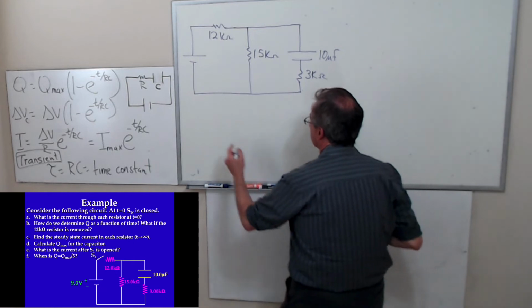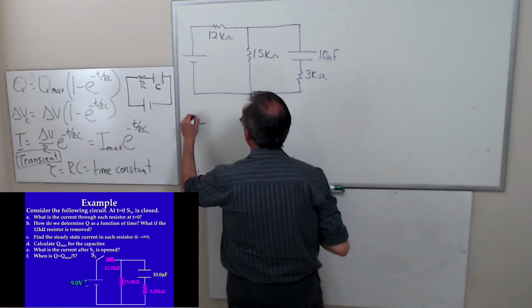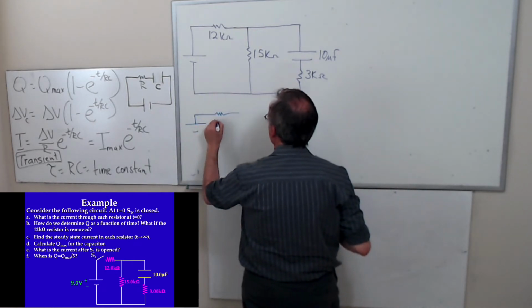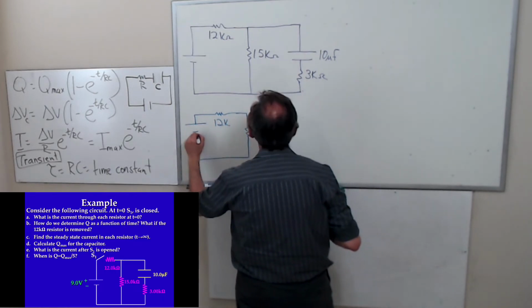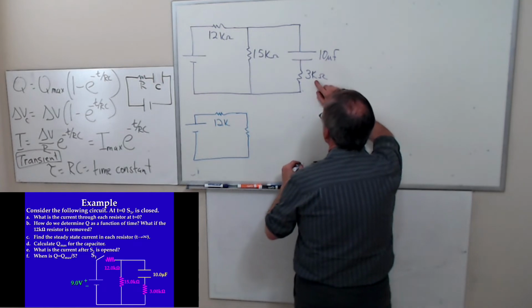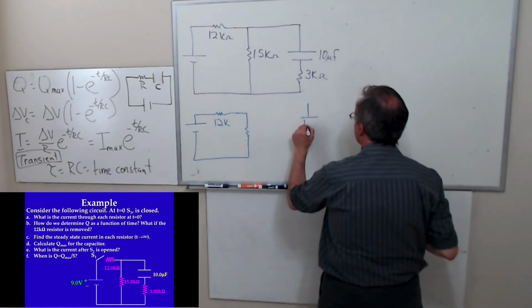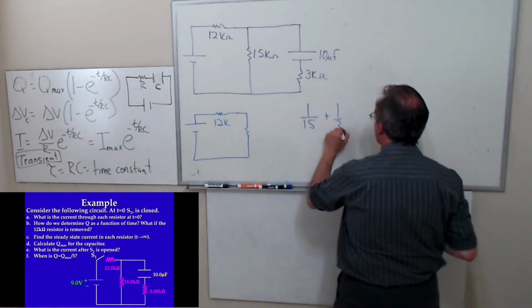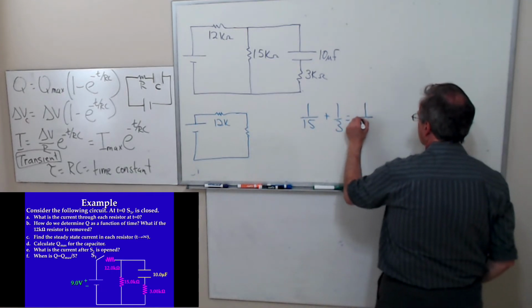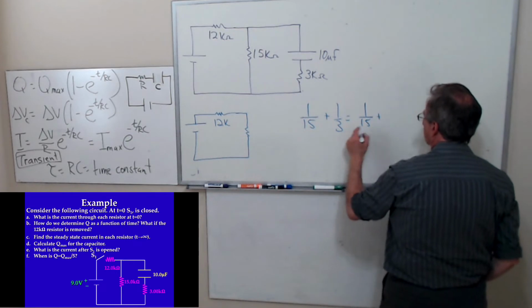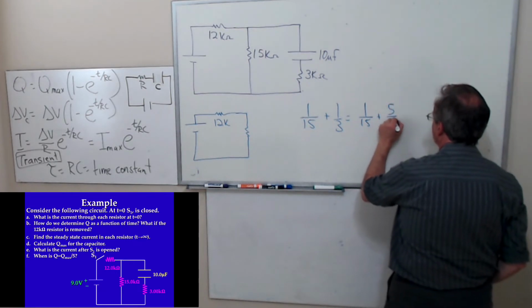Oh, okay. Okay, 1 over 15 plus 1 over 3. Common denominator is 15. Okay, check my math.